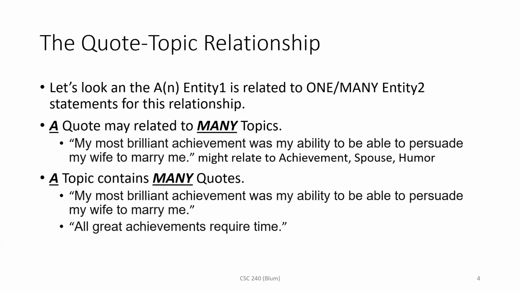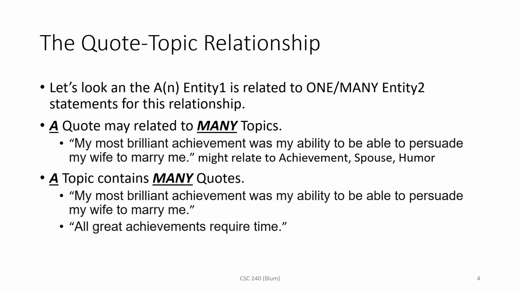Okay. Now let's do the other statement. We always have to make these statements in both directions. Now topic will be entity one and quote will be entity two, and entity one is always preceded by a or an. So a topic covers, contains, however you want to say it, many quotes.